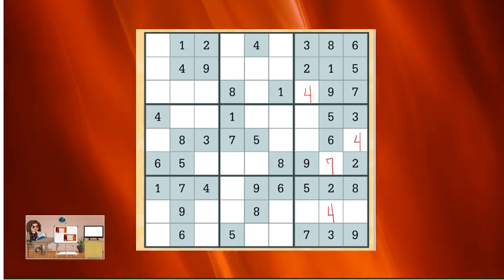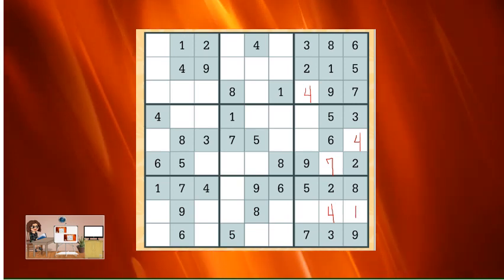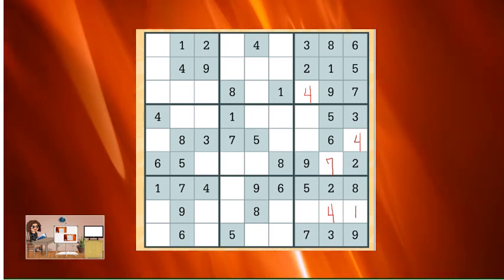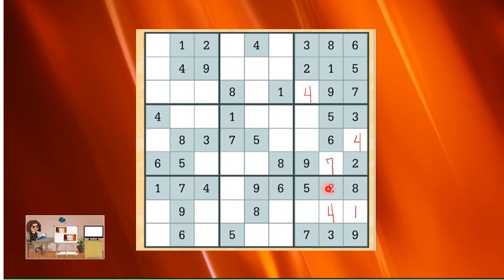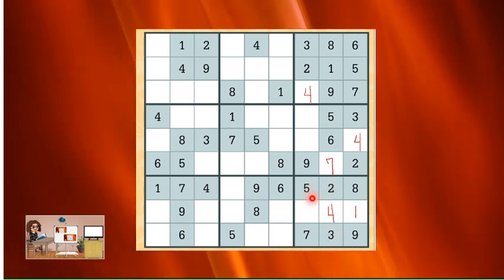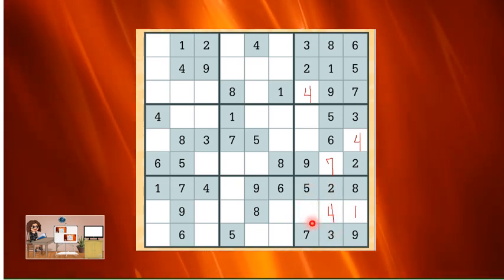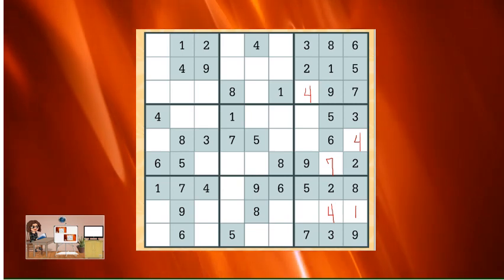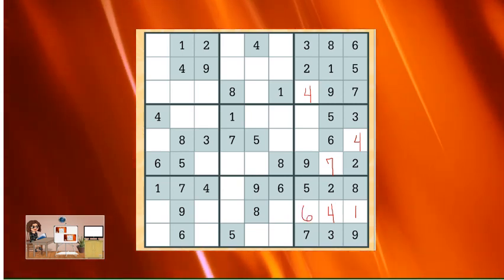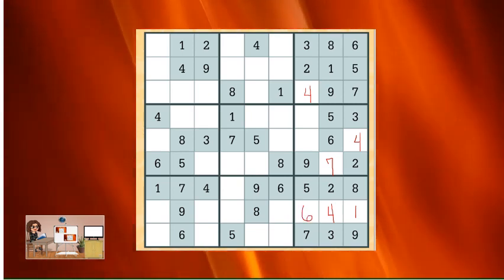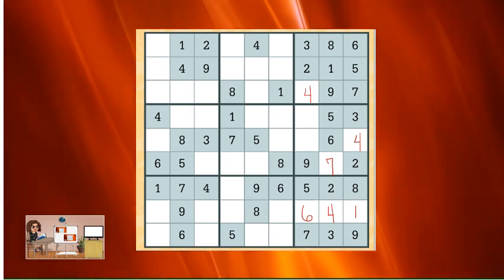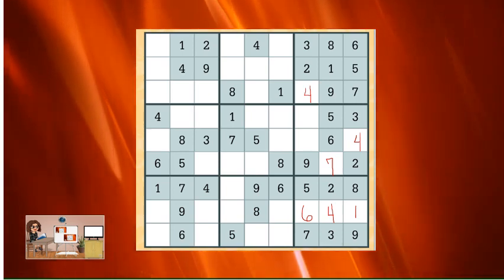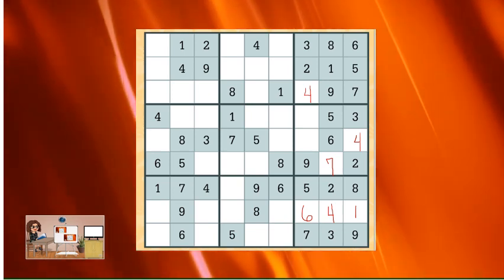So therefore, 1 is also here. Now if this is 1, 2, 3, 4, 5, so we can write 6 in this cell. So in this block, we have the complete numbers from 1 to 9: 1, 2, 3, 4, 5, 6, 7, 8, and 9.